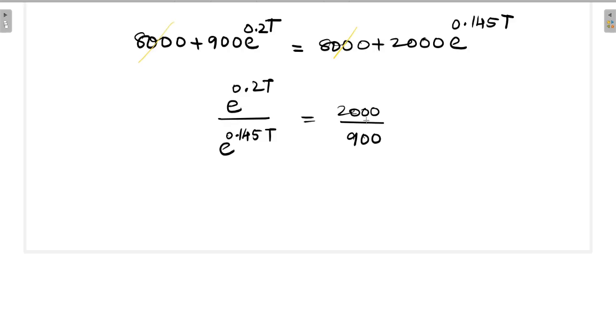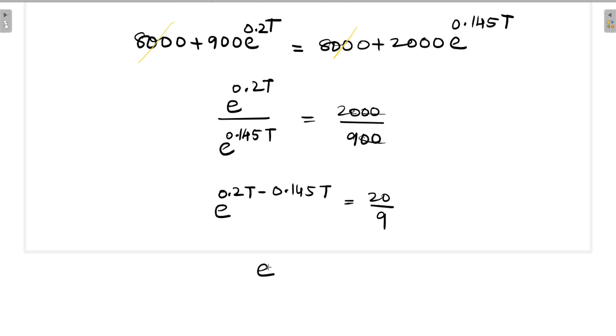Now, in this division the bases are equal, so we can write e power 0.2t minus 0.145t, which is equal to, after reducing two zeros, 20 by 9.